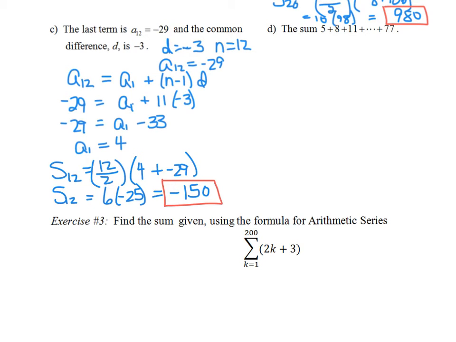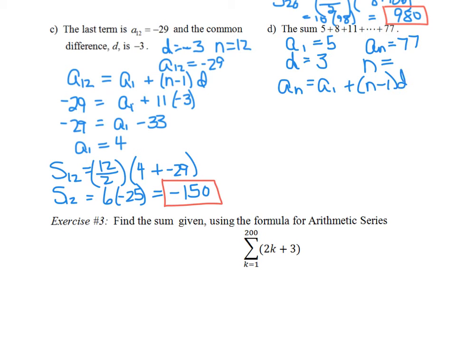We've got another sum where we know that a1 is equal to 5 and an is equal to 77. If we look carefully, we notice that the d value is 3. But what we're missing this time is our n. So again, we have to keep relying on that formula, an equals a1 plus n minus 1 times d. And we know everything except for n.